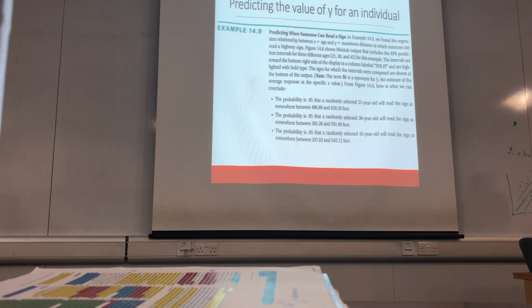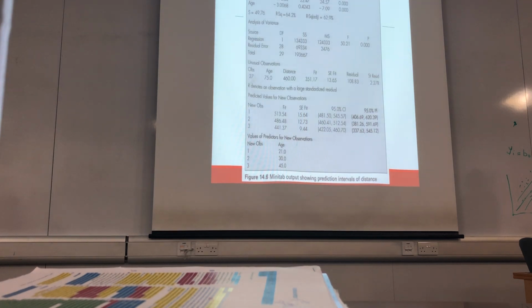Here we have three specific values of x: ages 21, 30 and 45. We want to predict their eyesight distance. So here the probability is 95% that a randomly selected 21-year-old will read the sign somewhere between 406 and 620.39. So this is a prediction interval.